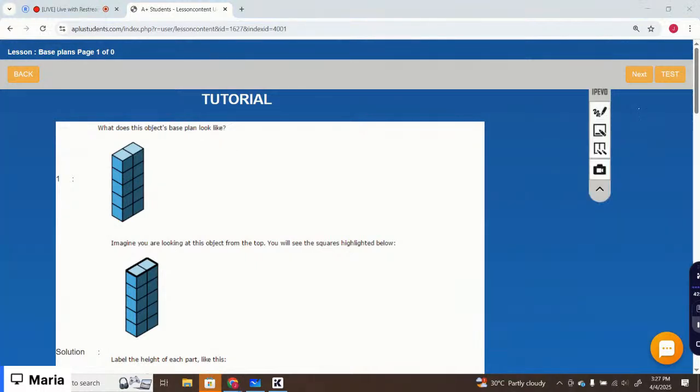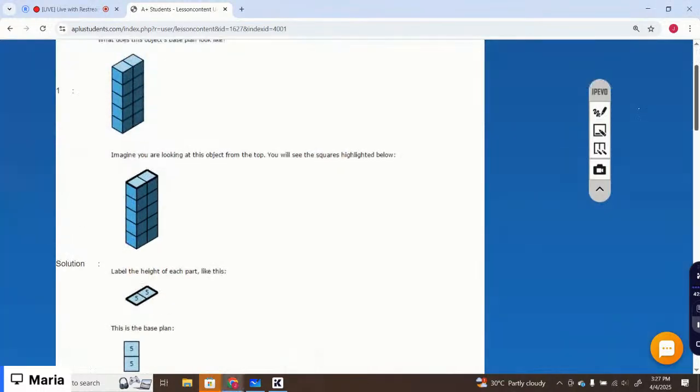So you have to calculate the base plan, right? Given the height of each part, 1, 2, 3, 4, 5.